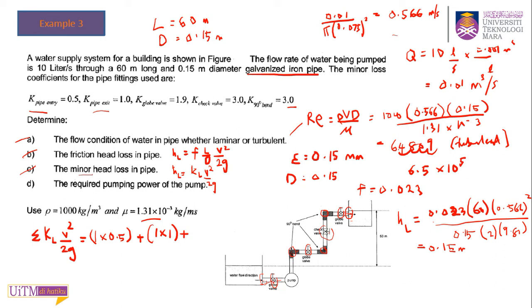You have 3 globe valves, so 3 globe valves times the loss coefficient 1.9. Plus you have a check valve, 1 check valve times the coefficient of 3. And lastly you have 3 90-degree bends, plus 3 times 3.